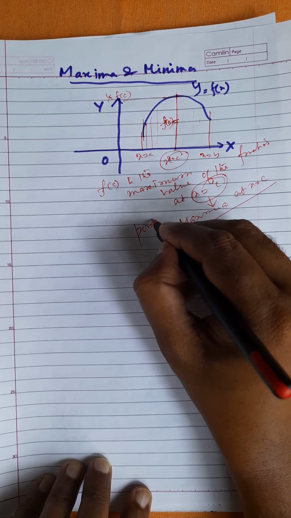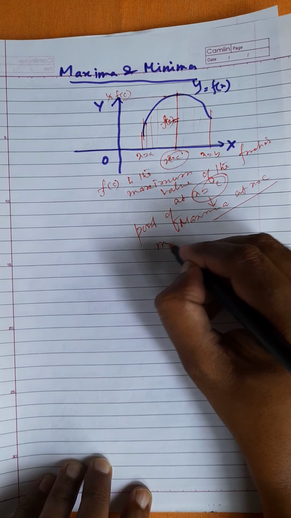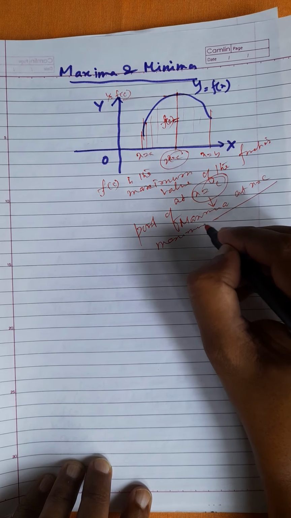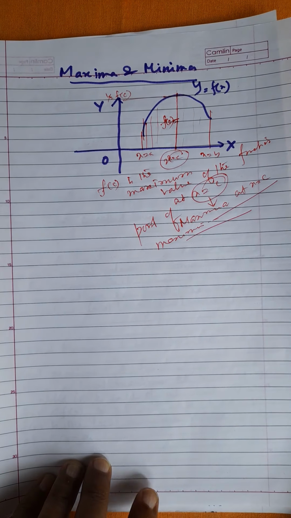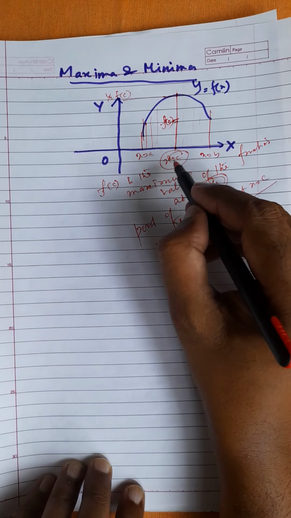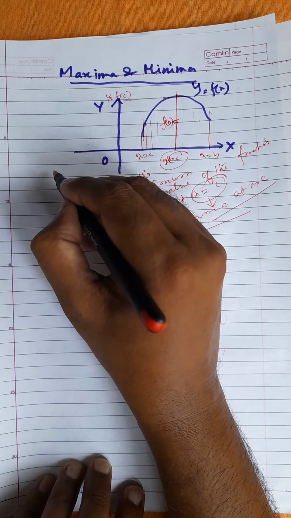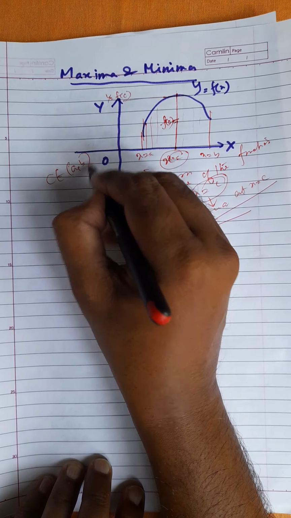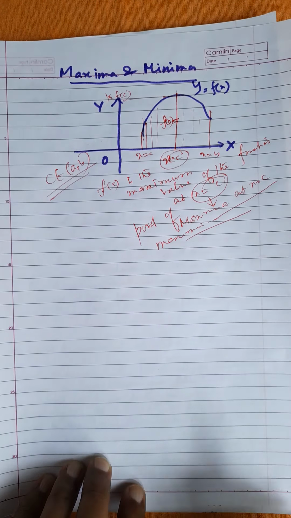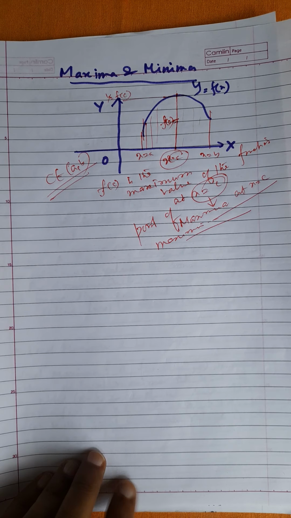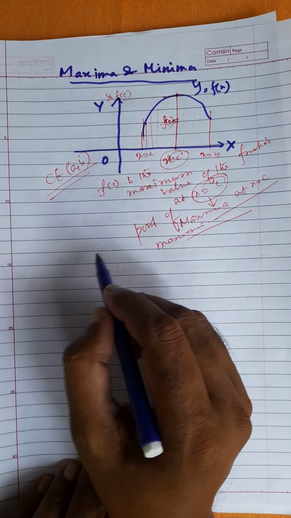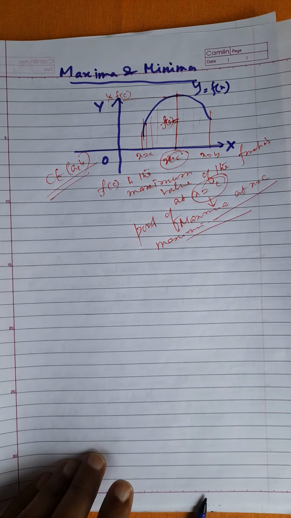Point of maximum value. Where? At x is equal to C, and C belongs to the open interval, within this interval. Similarly, that means what?